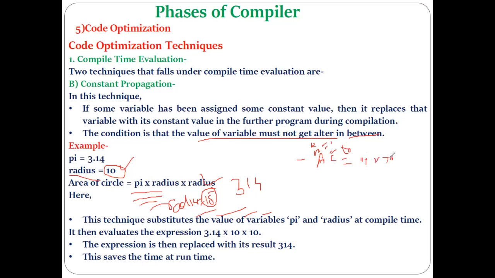Now here this 3.14 and this value of radius will be utilized. Understood?